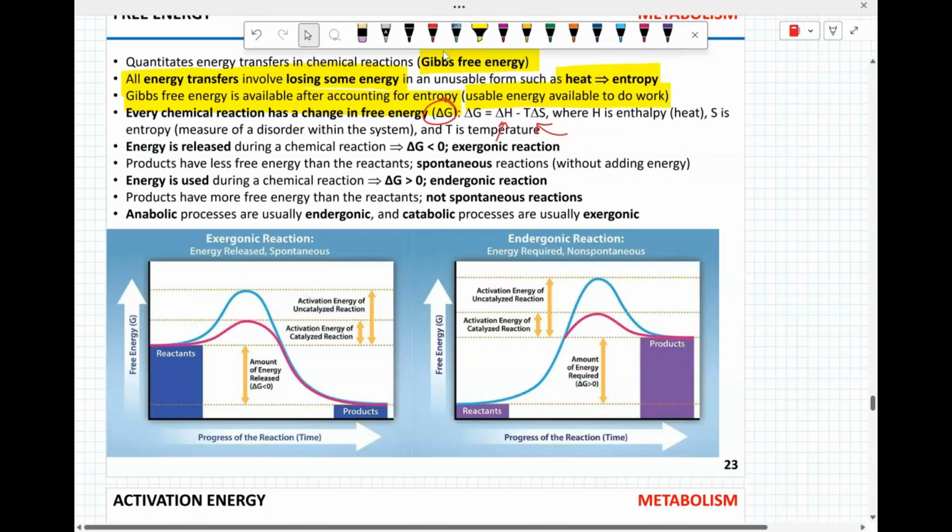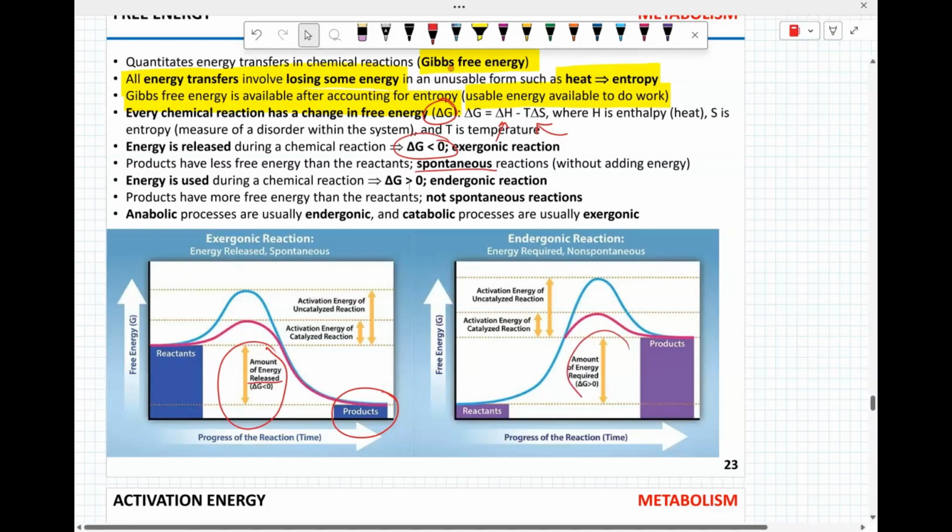If the energy in the reaction is released, then the change in the Gibbs free energy is negative. That negative sign reflects that energy is released during the reaction. In other words, the products have less free energy than the reactants, and such reactions are spontaneous. In other words, they proceed without any addition of energy.